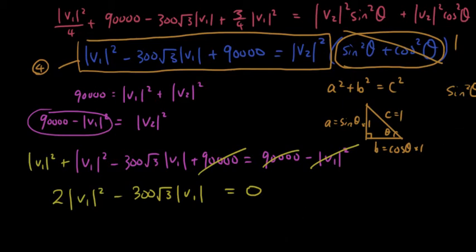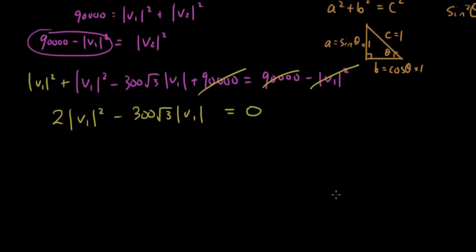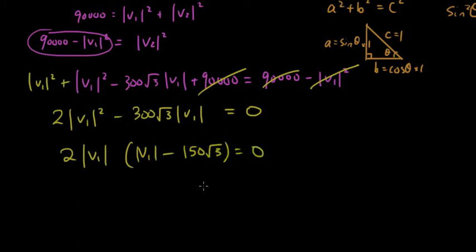We've nearly solved this whole thing, because now I can factorize out the 2v1 times v1 minus 150 square root of 3 is equal to 0, factorizing.